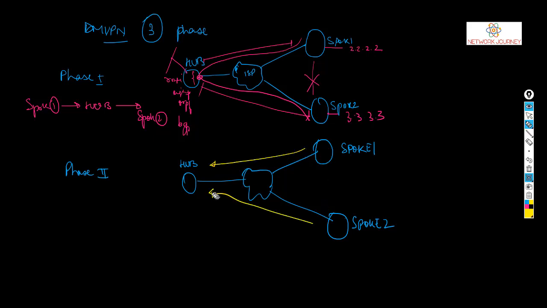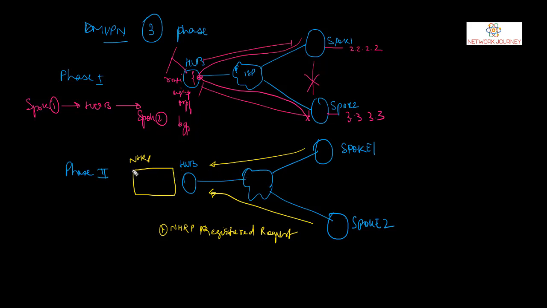They are going to send the NHRP registration request. So basically the hub will start forming its NHRP table, and this table will talk about the mapping of private to public. So we will be having multiple entries, this private associated with this public IP.